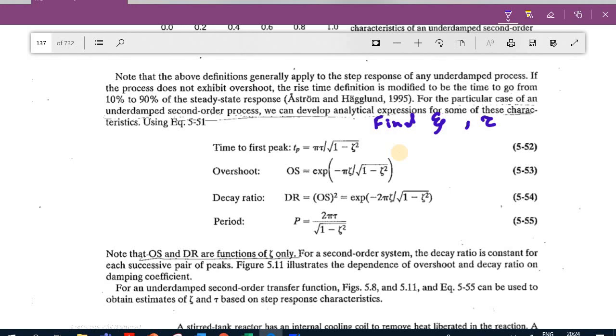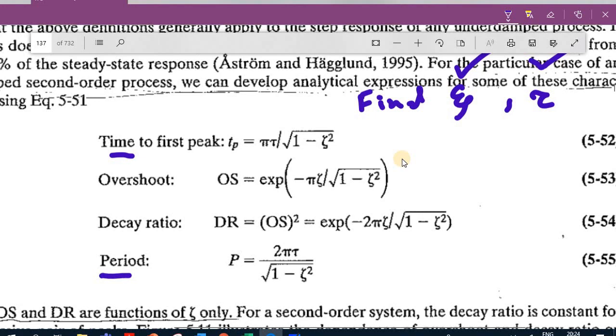First, I need to find Xi, and then I need to find Tau. Why? Because if you want to find Tau from any one of the things that has time here, like time to first peak, period, if I have TP from the figure, the time that it reaches first peak, I will have two unknowns, tau and xi. So I cannot solve it.